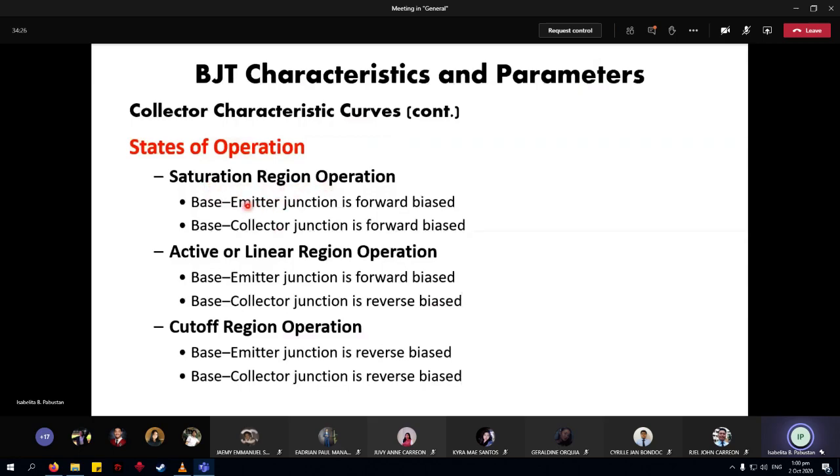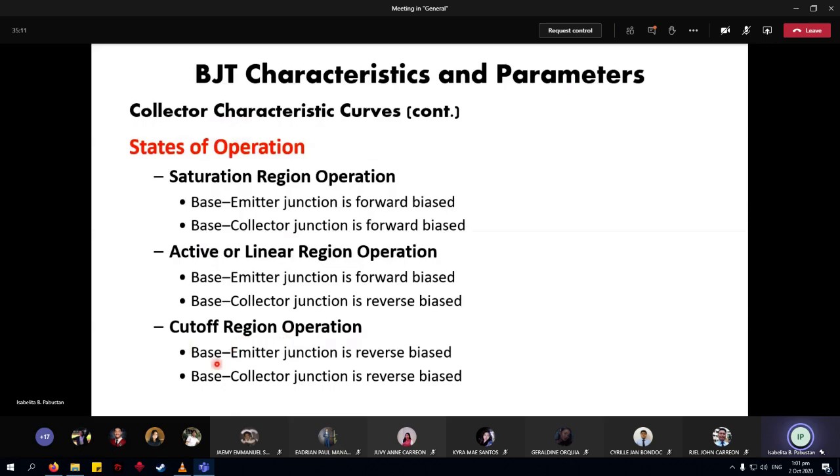For the saturation region, that is on the left side of the knee, you will be able to operate in that region when your base emitter is forward and the base collector is forward also, just like number 3 of your assignment when the resistor is still 970 ohms, because your VCB, you were able to get it as negative 0.4 volts. Okay?